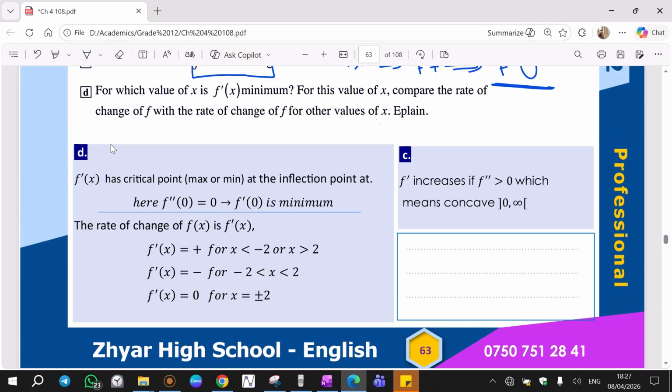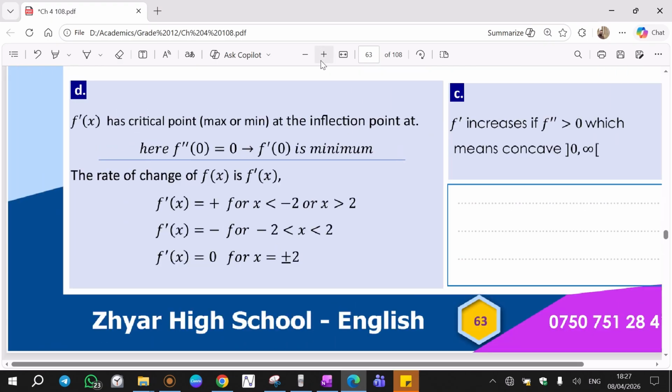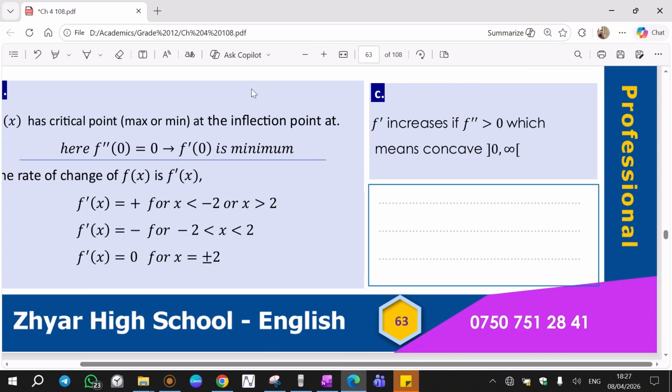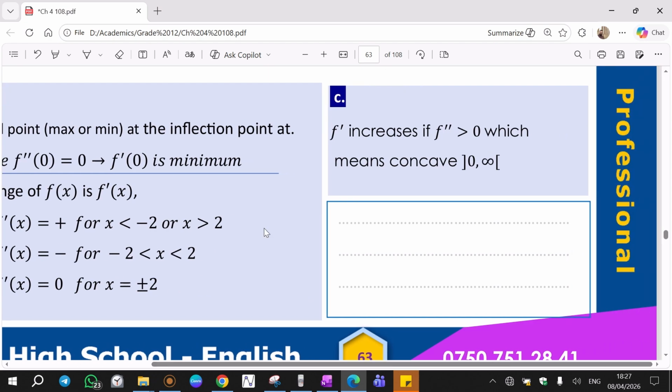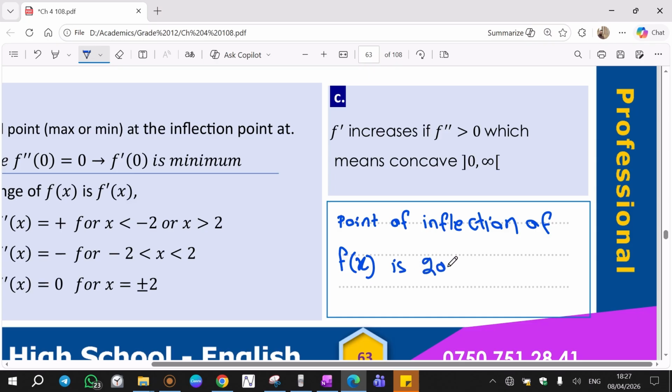So that was the important question. Let's write a note here. It is the second time we write this note. Remember, point of inflection of f is going to be critical for f prime.